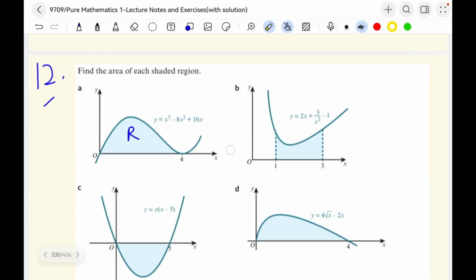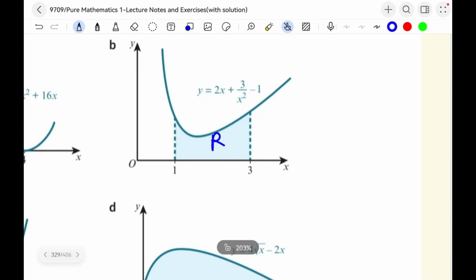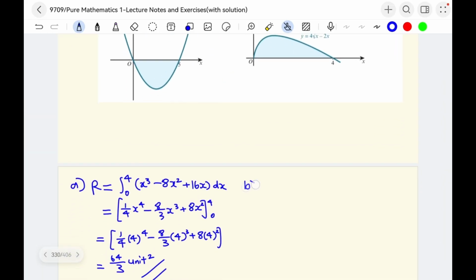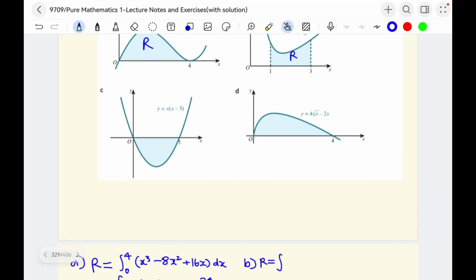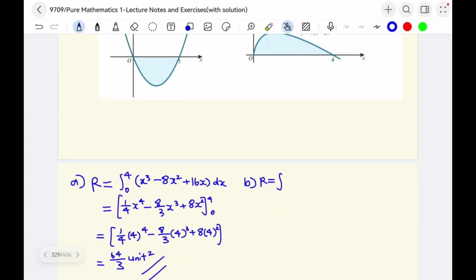So now for B, find the region R over here from 1 to 3. It should be simple. The region R for B is the integral of this function from 1 to 3. Locate the limits correctly.